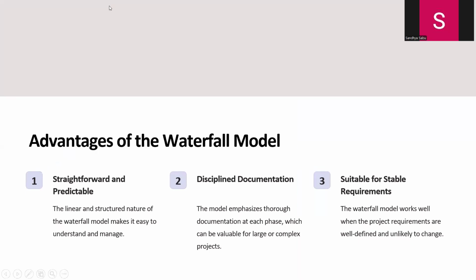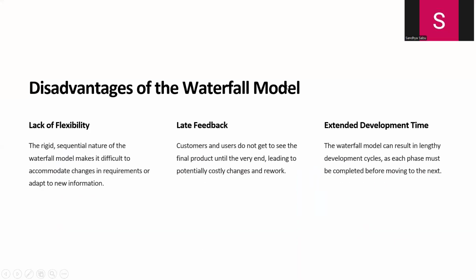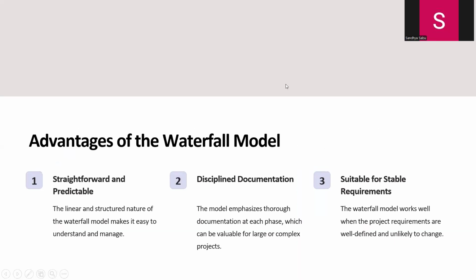The waterfall model is straightforward and predictable. The linear and structured nature of the waterfall model makes it easy to understand and manage. Next one is documentation. Each phase has been documented, which can be valuable for large or complex projects.